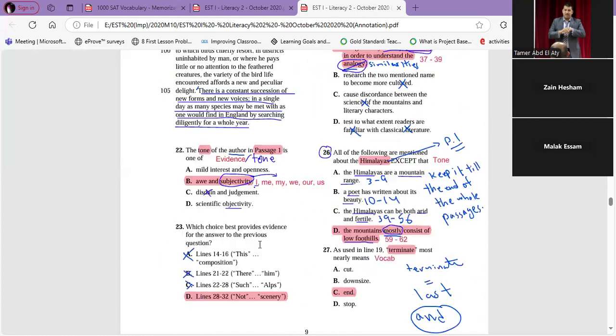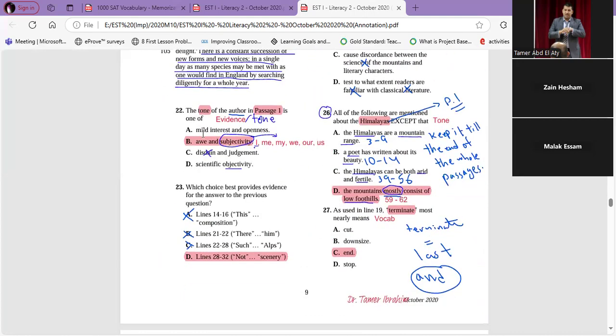Okay, let's match it up right now. Mild interest? How mild? He just talks about the glories of the Himalaya. So how mild? No. Oh, yes, maybe. And subjectivity? Wait. What does it mean, subjective? In school, we take the difference between subjective point of view and objective point of view.